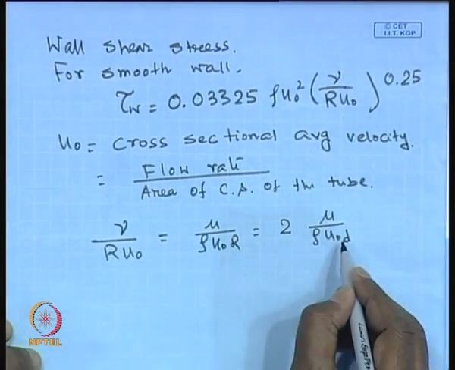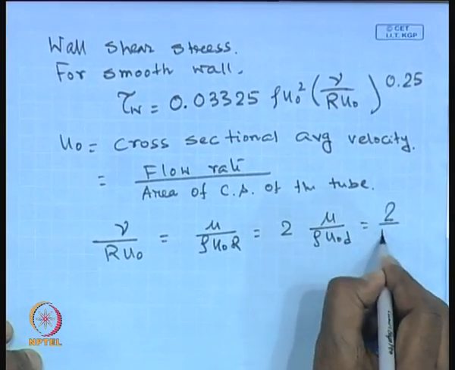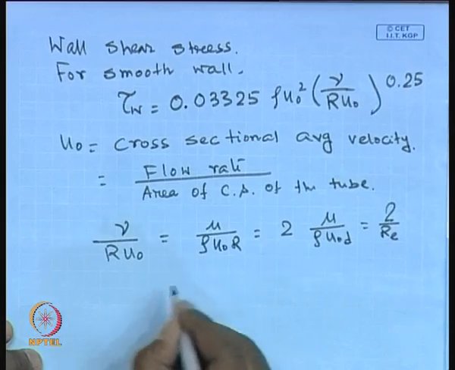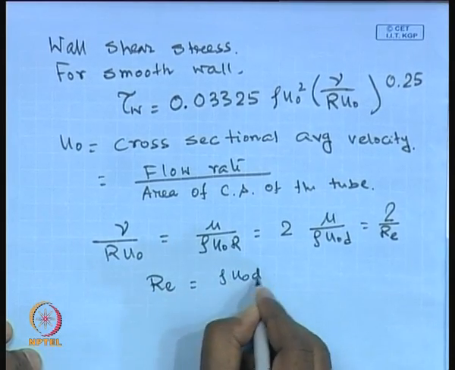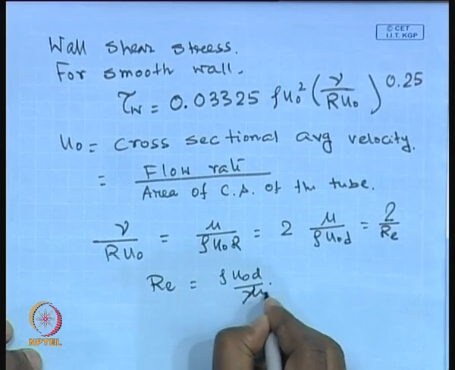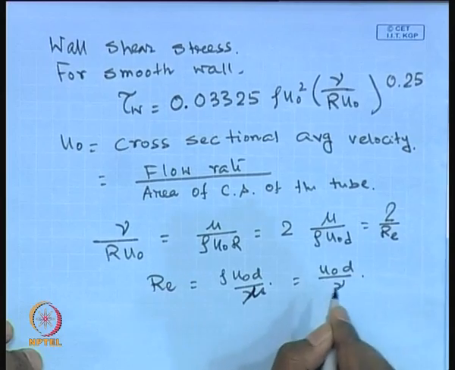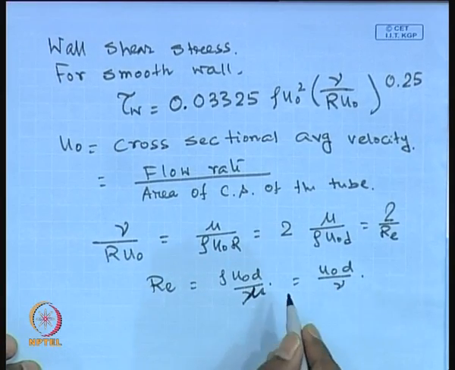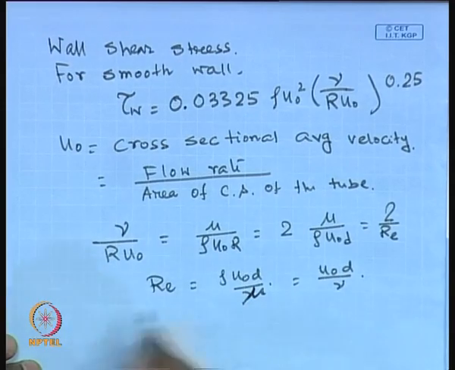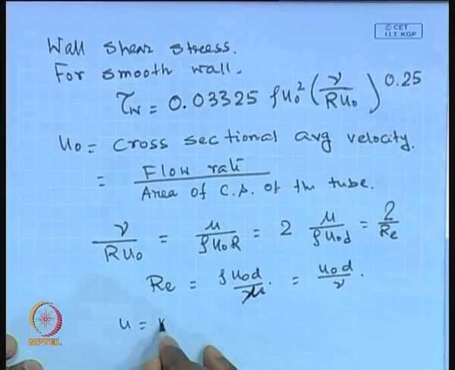So, rho u naught d by mu is nothing but the Reynolds number. So, this is nothing but 2 by Reynolds number, where you define Reynolds number as rho u0 d by mu or u0 d by nu, it does not matter. Okay. So, we identify that, and let us get the expression of u in the form of ky.